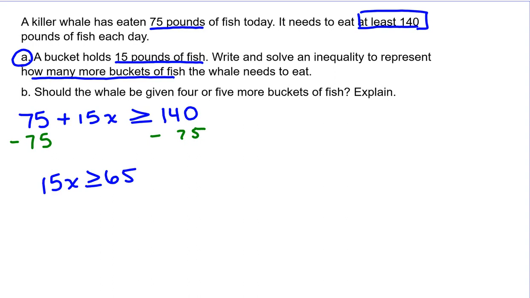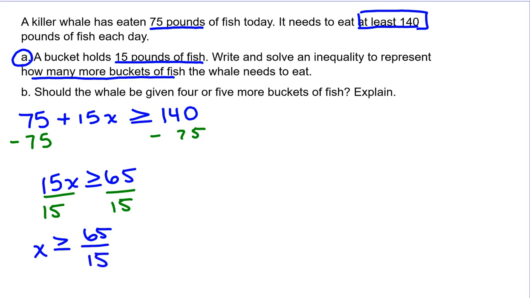And then we need to divide each side by 15. And we're left with x is greater or equal to 65 over 15.